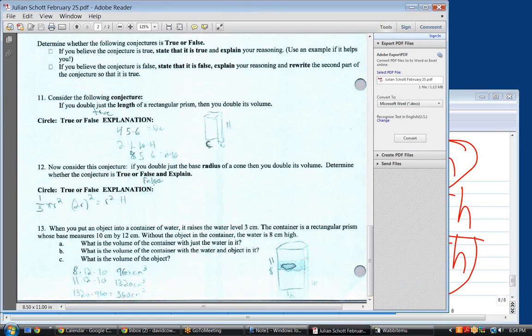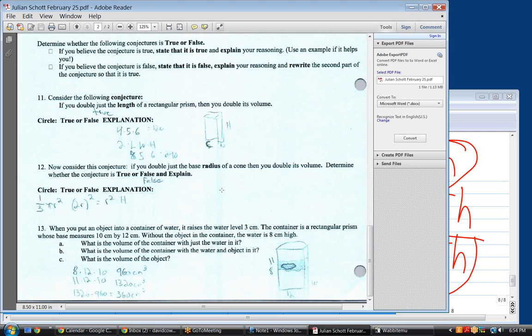So, that's false. And how do we have to change it to make it true? If you double the base radius of a cone, then you do what to its volume? Quadruple?